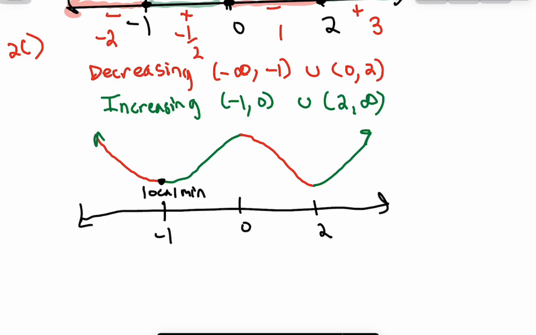At 0, we have a local maximum. At 2, we have a local minimum. And unless we plug in some points, we don't know if it's the lowest local minimum or the highest local maximum. We just know it looks something like that. Okay? Everybody see how I did what I did?